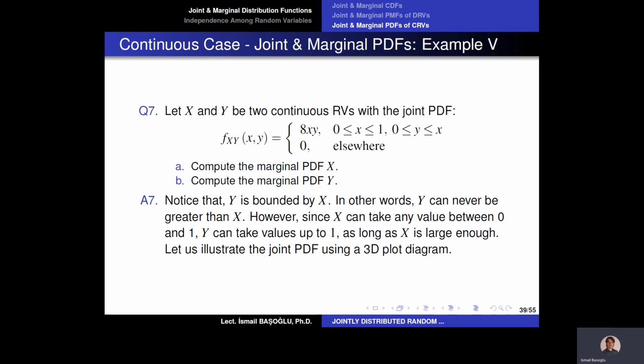But one thing we need to be careful about here is that the possible values of a random variable are bounded by the realization of the other random variable. So which one is realized first is defining the boundaries for the second variable, okay? So we should not say only that the possible values of y are defined by the value of x; the opposite is also true. The possible values of x are also defined by the possible values of y.